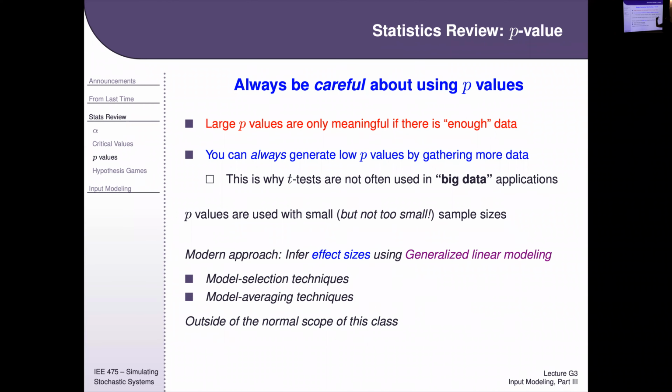This is why big data people, like in machine learning and data science, rarely use things like t-tests, or if they do, they use them in a very specialized way, because t-tests are designed to detect differences with low sample sizes. Once you throw a lot of data at them, your t-tests always come out rejecting your hypotheses because they're too sensitive.